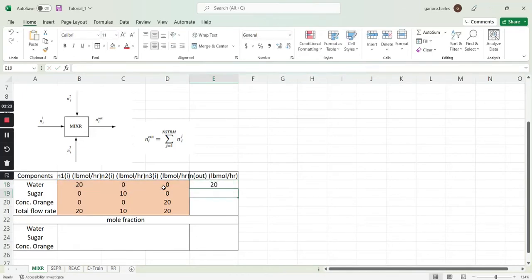We can then obtain the rest by simply dragging at the edge of the cell like this. Finally, we can get the mole fractions of each component in each stream by dividing the components by the total molar flow rate in each stream like this.